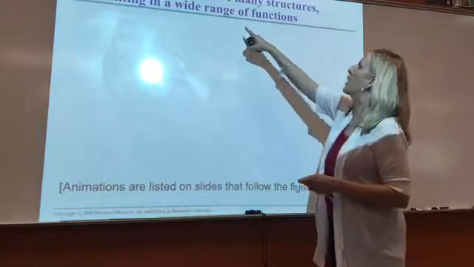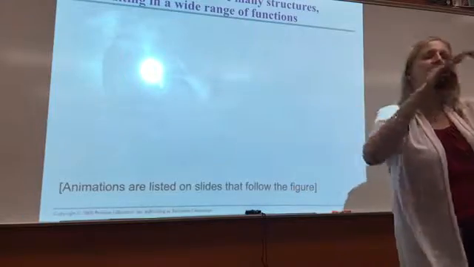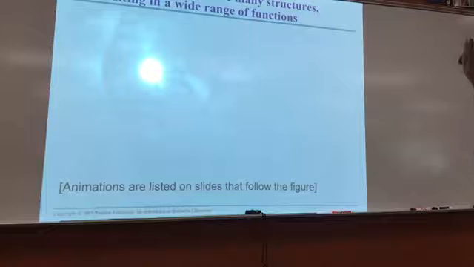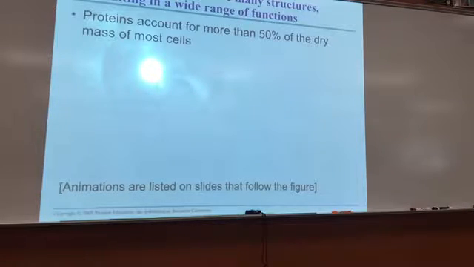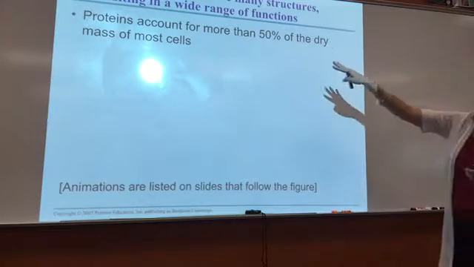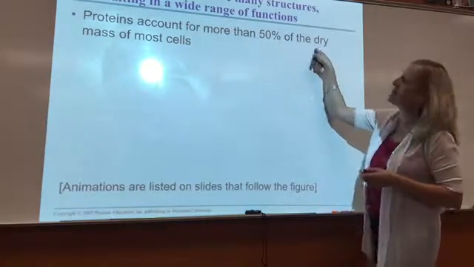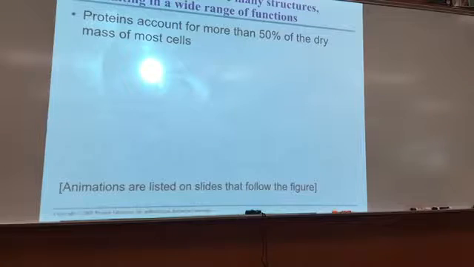So notice here it says a wide range of functions. There are thousands of proteins, and they vary hugely in what they can do. Proteins are a big portion of the cells. It says accounts for more than 50% of the dry mass. Dry mass is if you take out the water.